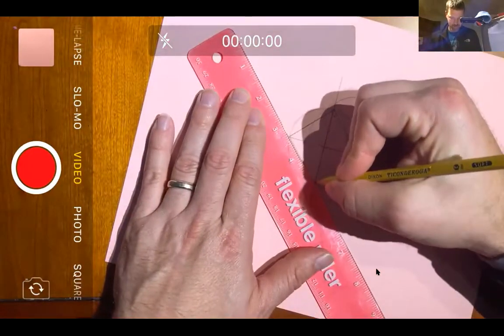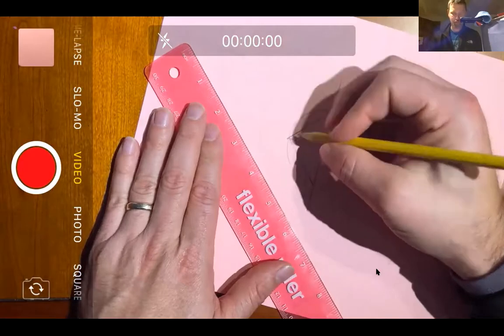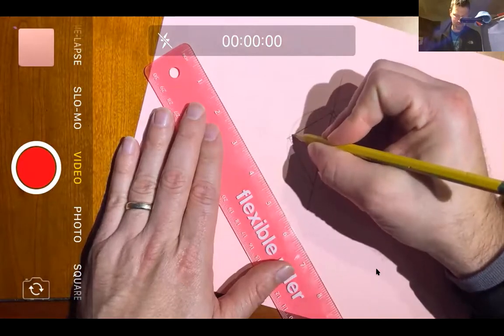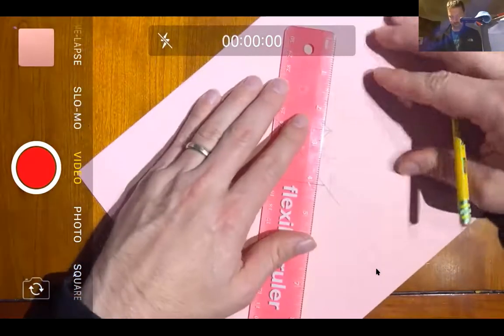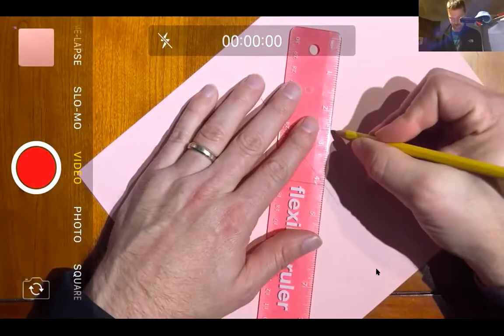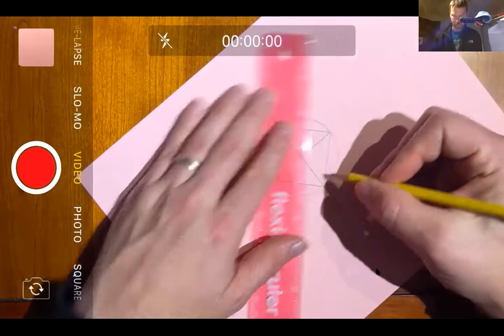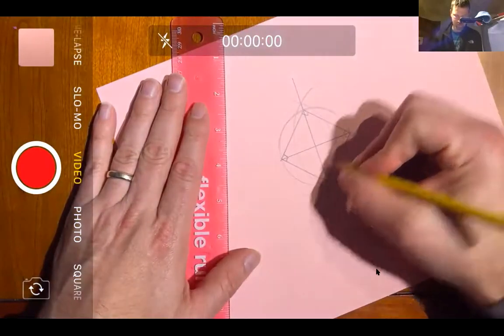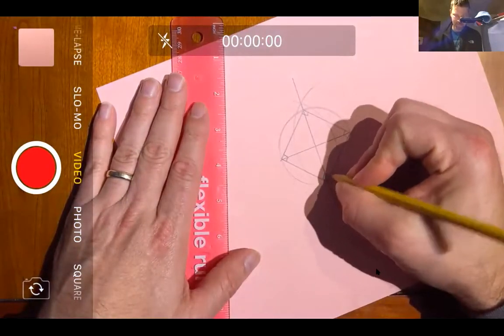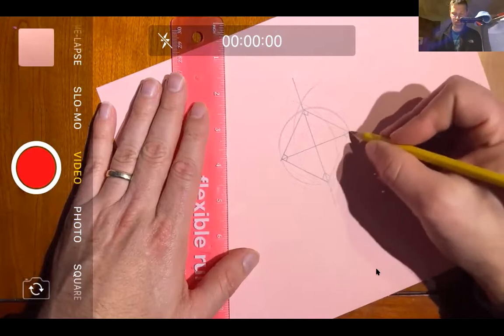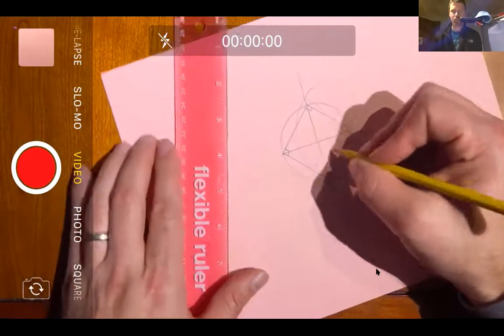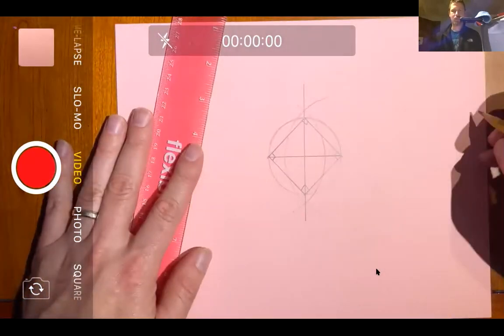Connect those ones. That is also an angle inscribed in a semicircle. So it's 90. And those ones, those are 90. And these are hypotenuses of all equal triangles. Those triangles are all congruent. So there we go, a square.